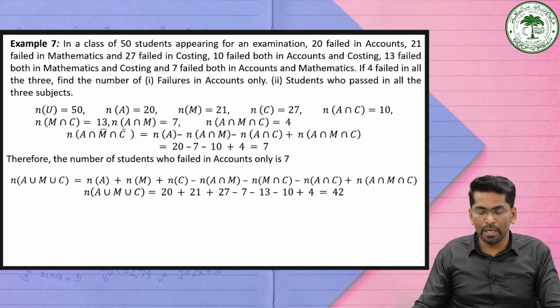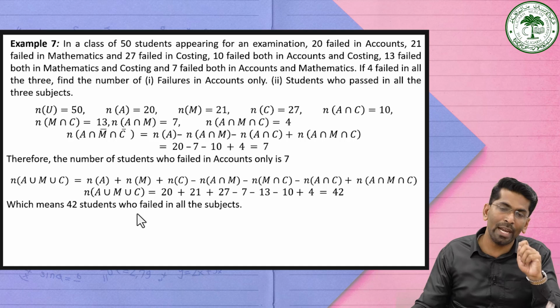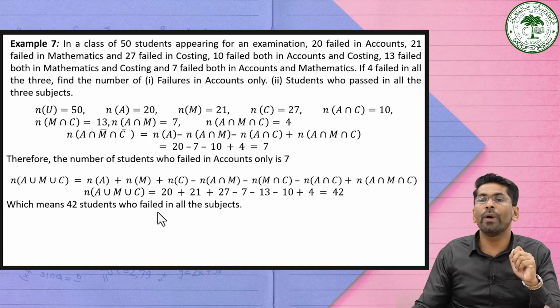Therefore, this 42 shows the number of students who failed, and we want to find the number of students who passed in all the three subjects, so we calculate the complement of the union.